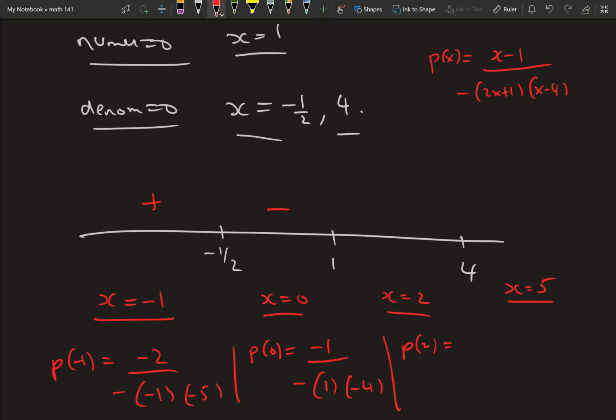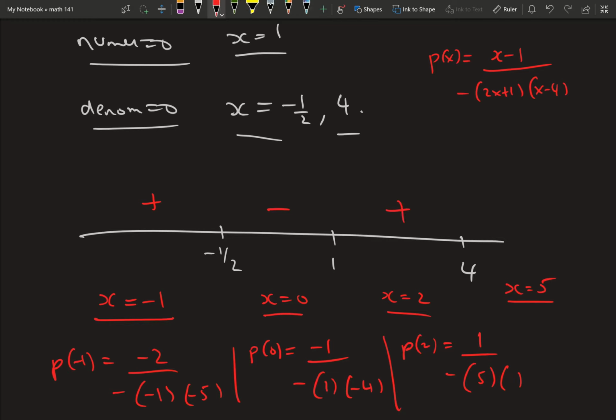P of 2, we get a +1 over a negative. 2 times 2, 4, plus 1, 5. 5 minus 4 is 1. We have a single negative overall. That's going to be a negative, right? I'm sorry, no, that's not correct. It's going to be positive because this number is not 1.